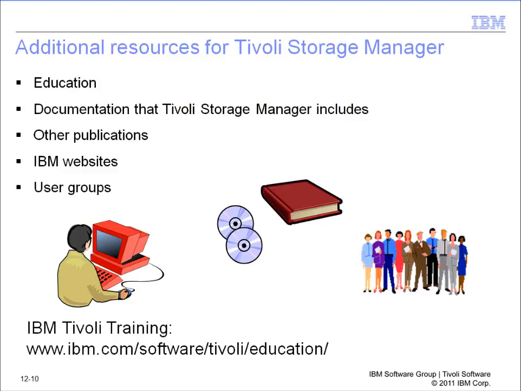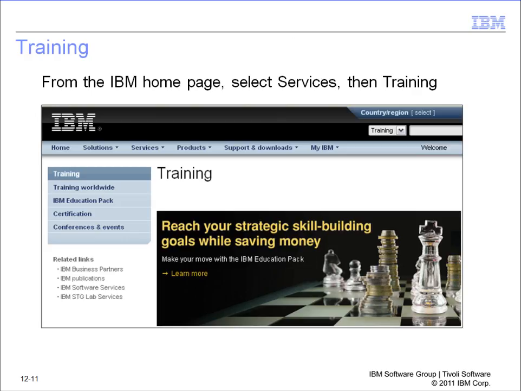There's a lot of information out there that you can find dealing with Tivoli Storage Manager. We have other classes. There's a lot of documentation, IBM websites, user groups, and communities which you can join. For training, our web page changes slightly and it'll have a little bit different look and feel. But if you go to Services, you'll see Training.